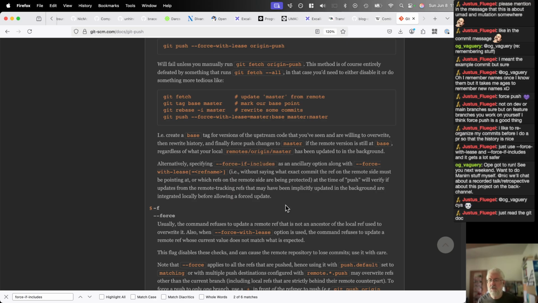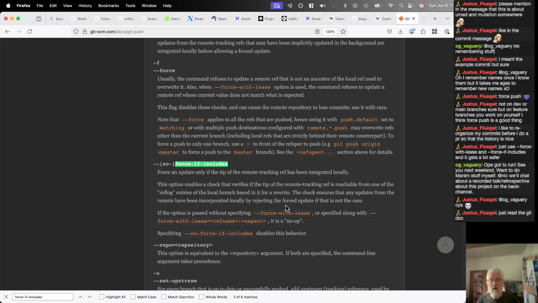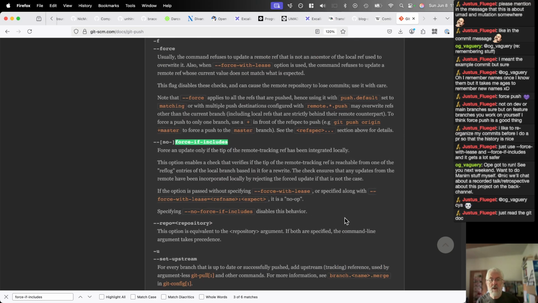I don't know that that tells me very much. Force an update only if the tip of the remote tracking ref has been integrated locally. This option enables a check that verifies if the tip is reachable from one of the reflog entries of the local branch based on it for a rewrite. The check ensures that any updates from the remote have been incorporated locally by rejecting the forced update if that is not the case.